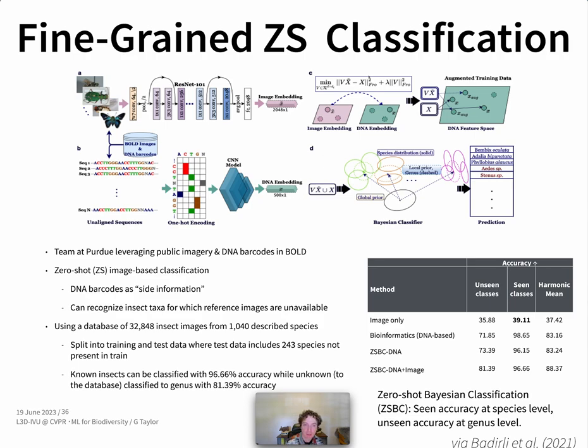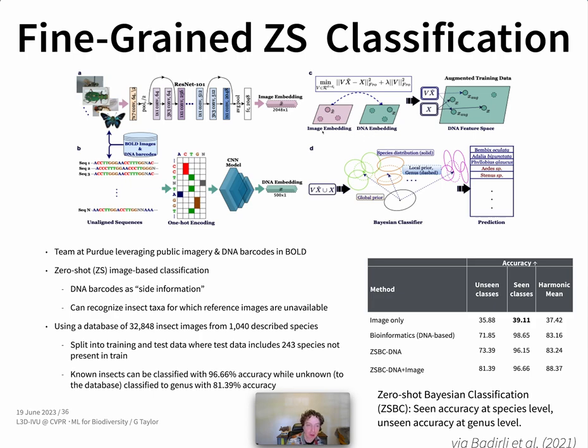So we get embeddings for both images and the DNA barcodes. And so they learn to map the ResNet image features to DNA barcodes by using this transductive ridge regression approach. The fact that it's transductive means that you're using unlabeled test data to map image data with labels into DNA feature space and combine this information with DNA embeddings.